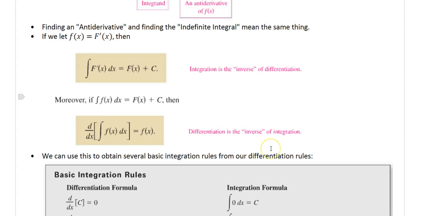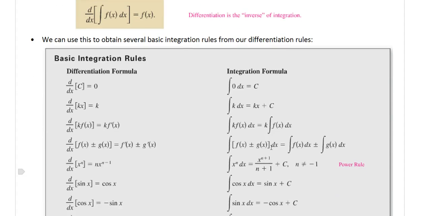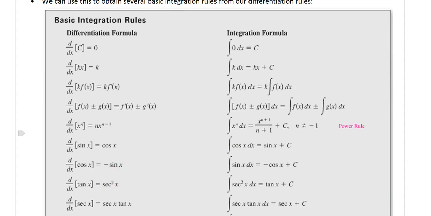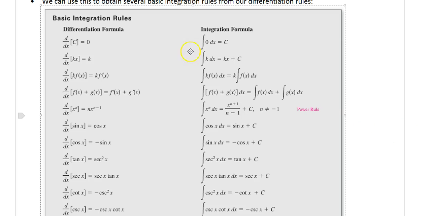They undo each other. Now we can use this to obtain several basic integration rules from our differentiation rules, and you see those in your notes. And if you look at these here, you'll notice that each of the differentiation rules that you learned has an analog for the integration formula. So the derivative with respect to x of c is equal to 0 means the integral of 0 with respect to x is equal to a constant c.